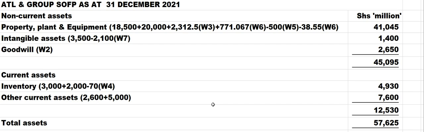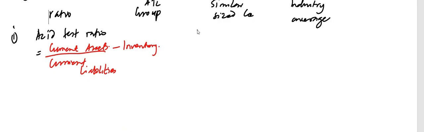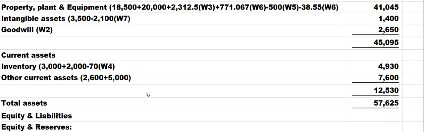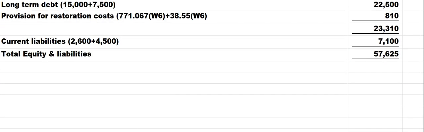That's going to be 7,600. So this will be 7,600 over the current liabilities. Current liabilities for the group are 7,100.